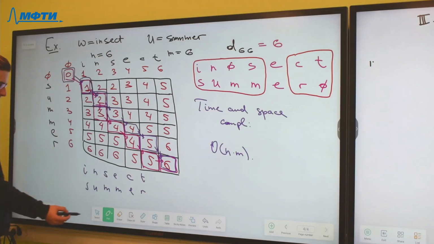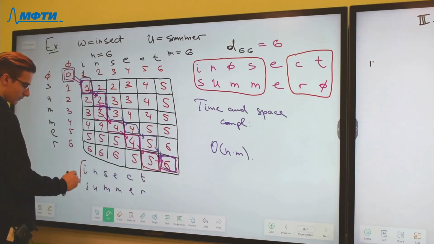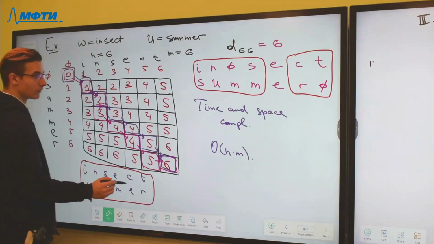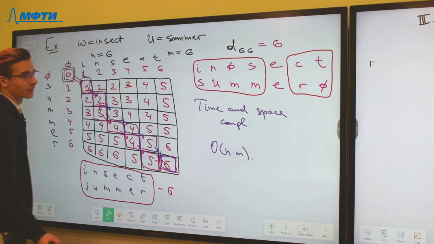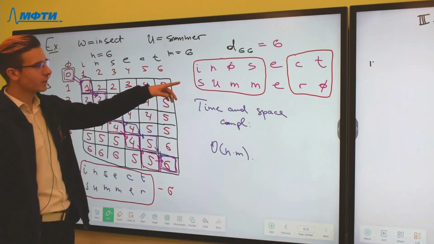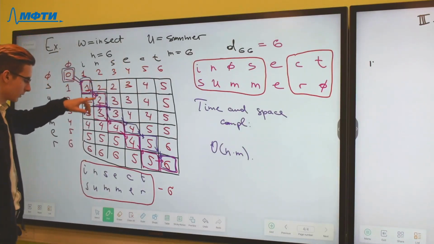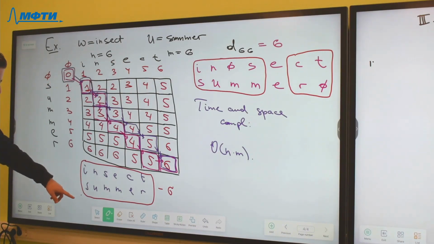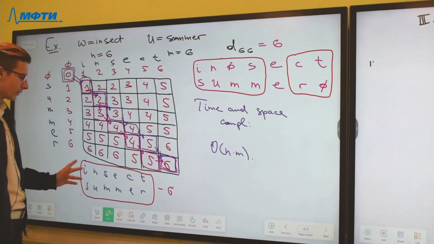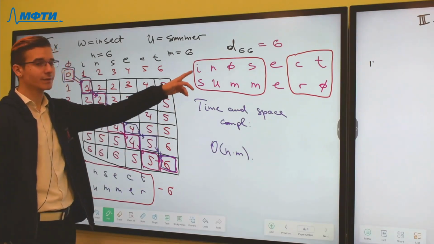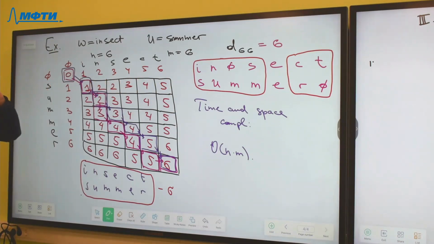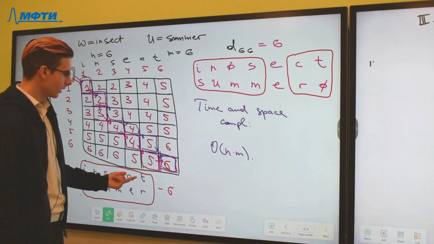And it's, of course, 2 equal to 6. So as in this example, we can see that we can add empty characters, or we can not add these empty characters, but the distance, or the number of places in which they are different, will be similar. So it's about edit distance.